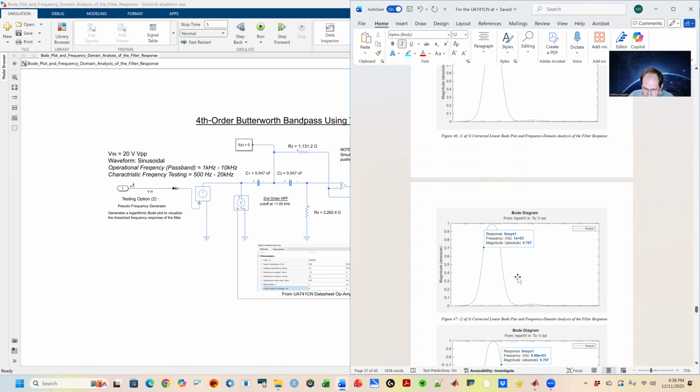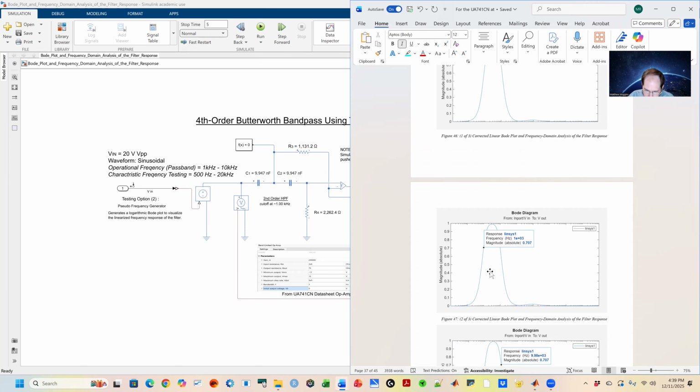Now that we've looked at the raw gain measurements, let's switch back to the Bode plot and talk a little bit about that before concluding this simulation explanation of our project. This will give us a clear frequency domain view of how the circuit behaves. The Bode magnitude plot shows how the gain changes as frequency increases.